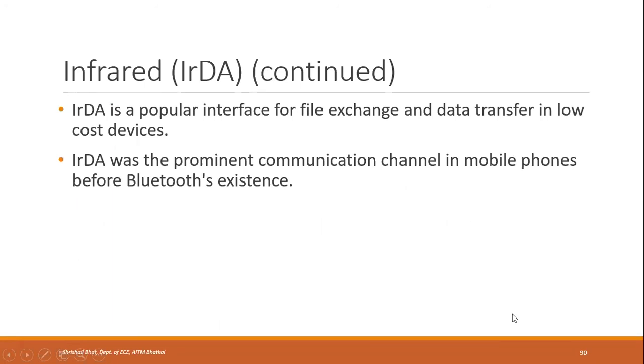It was slower than Bluetooth, very much slower. After Bluetooth came, it was replaced by Bluetooth, and now we normally use other things like Wi-Fi, or applications like ShareIt, which use Wi-Fi for transfer of data or files from one device to another.